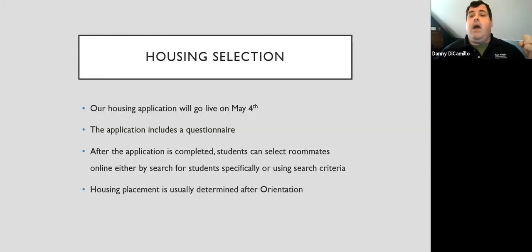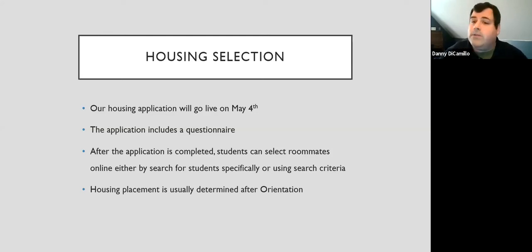By us two choosing each other, we have solidified ourselves as roommates. If I selected Mac, but Mac doesn't respond or chooses not to be my roommate, that does not happen. It has to be mutual for both. If I can't find Mac's name, it's because Mac has not completed the application yet, and you can only see people who've also completed the application.